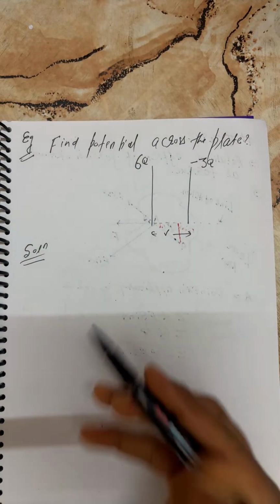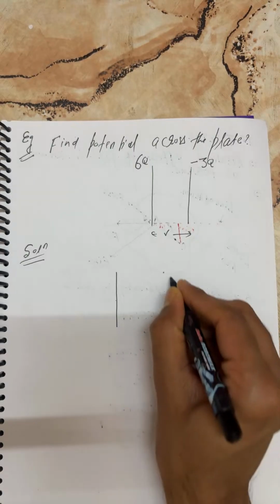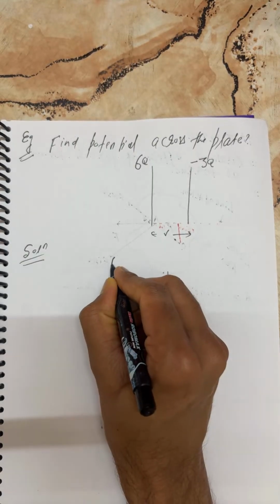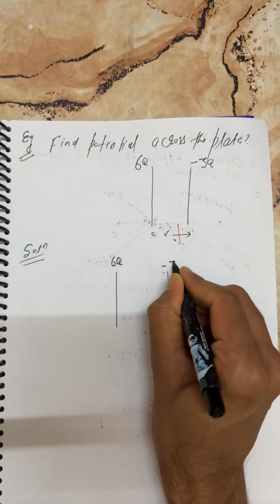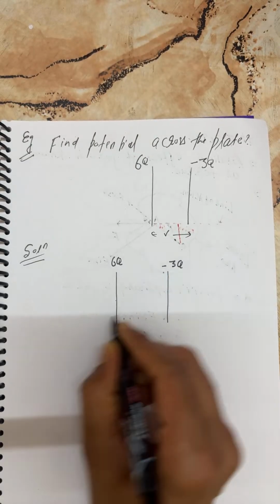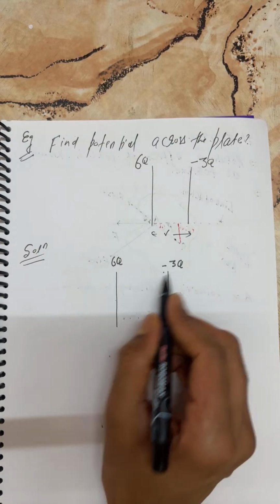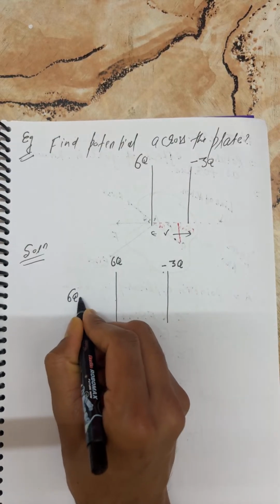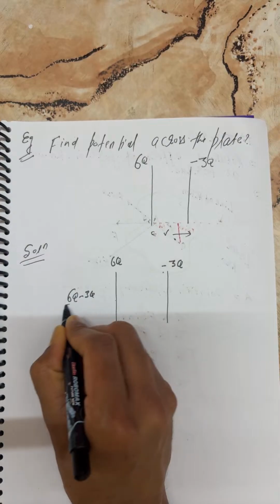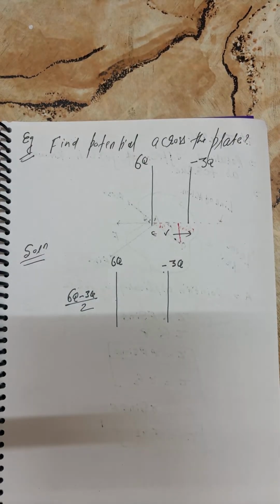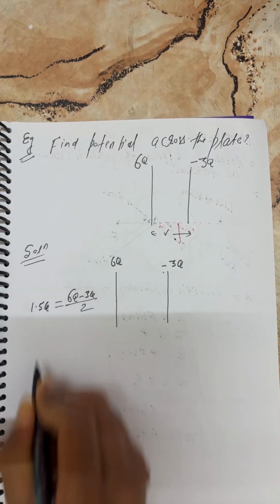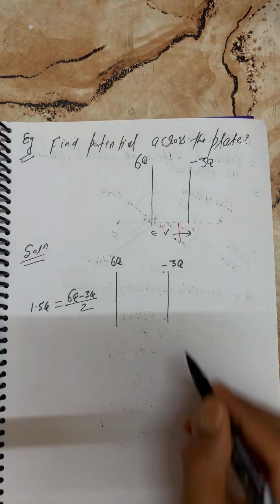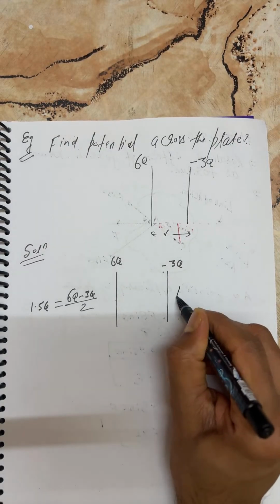This is 6Q, this is minus 3Q. So 6Q minus 3Q by 2, so 3Q by 2, which is 1.5Q. This side also, and you can write the same thing here.